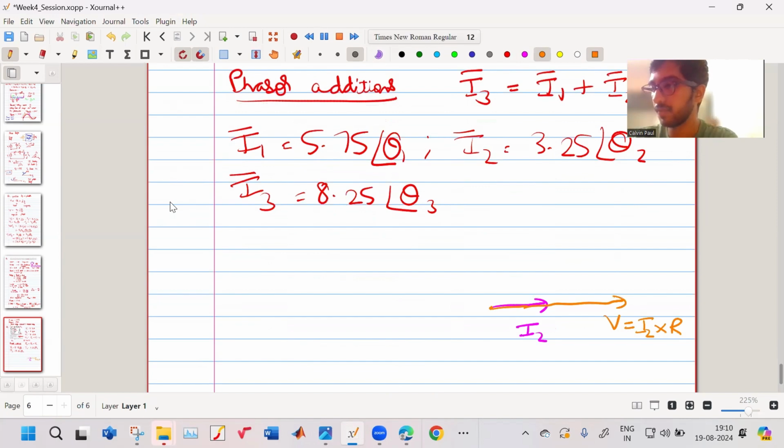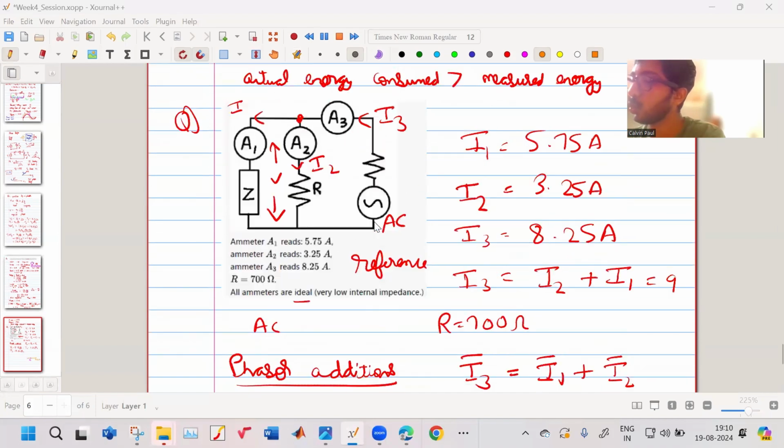Any doubts still here? Okay. Now, what is your I1?